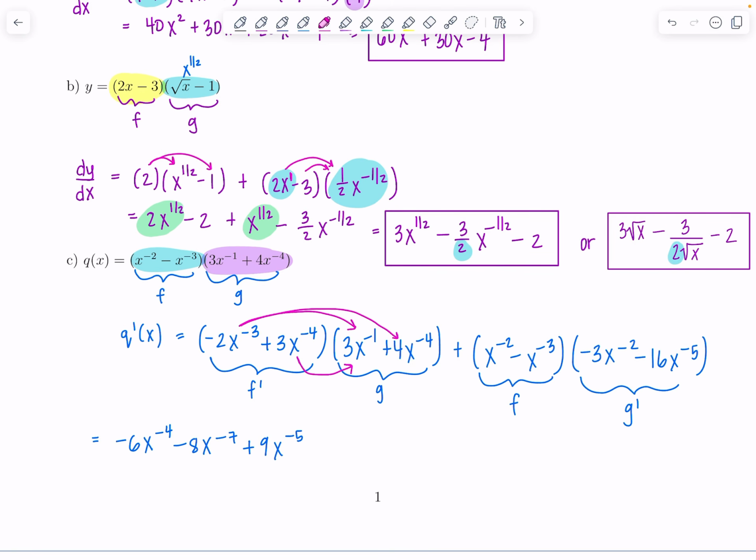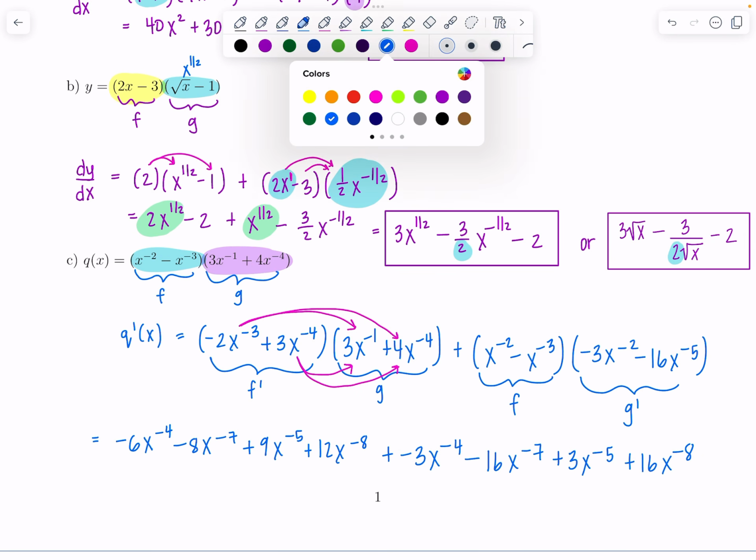And then last we have 12x to the negative 8th. Very good. Plus, okay, I'm just going to do the arrows in my head so it doesn't get too messy looking. Minus 3x to the negative 4th, and then minus 16x to the negative 7th. Inner product is 3x to the negative 5th plus 16x to the negative 8th. What a mess.